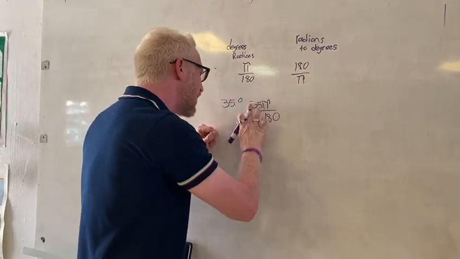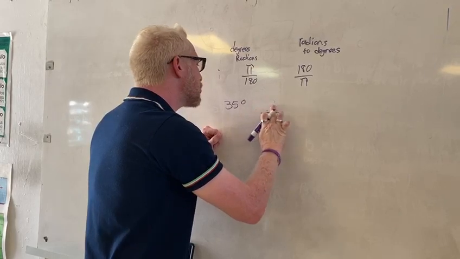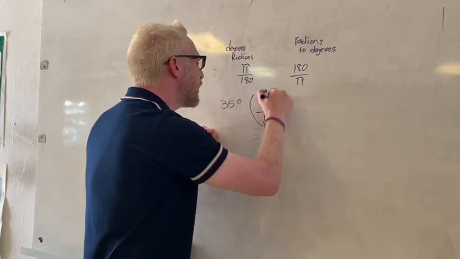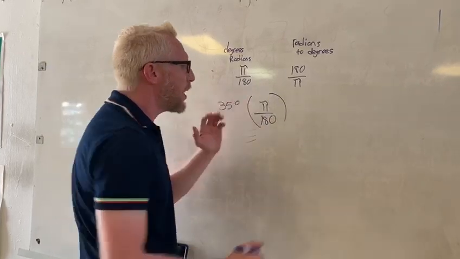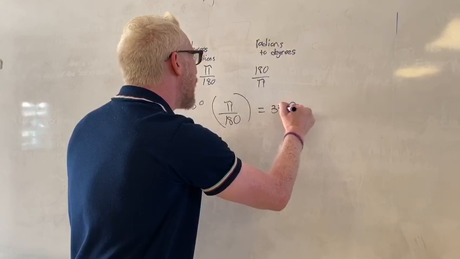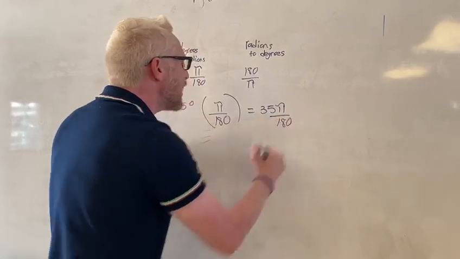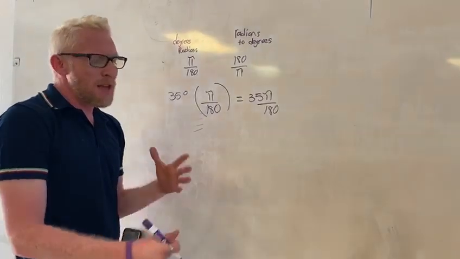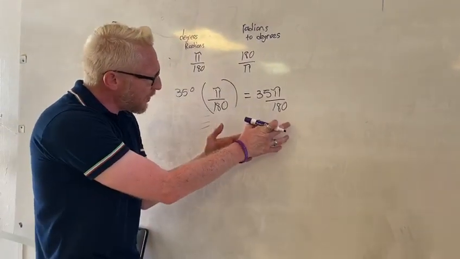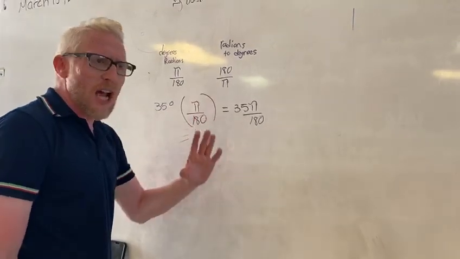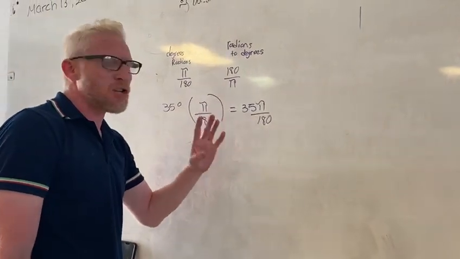Again, all you did, and this is so you can pause, reverse, is multiply 35 times pi. The next step is to simplify this if you can. What I mean by simplify is find a number that divides 35 that also divides 180. Sometimes you're going to get an answer, sometimes you're going to leave it expressed.